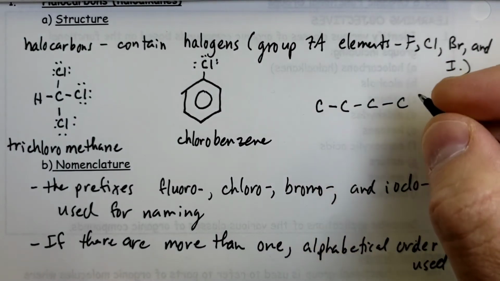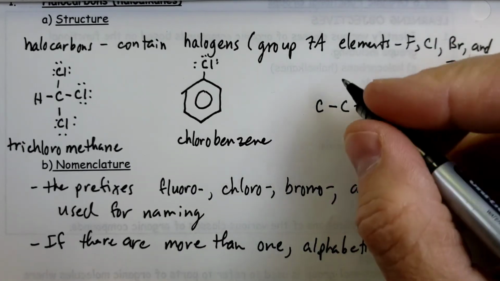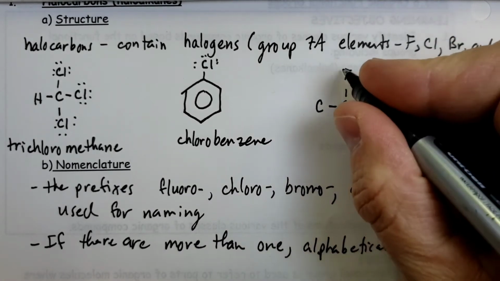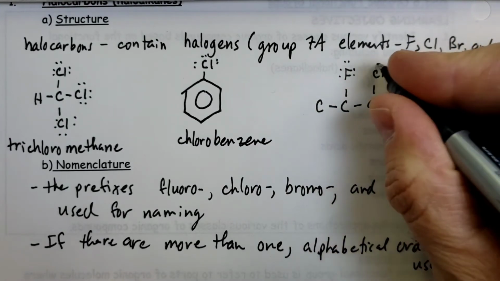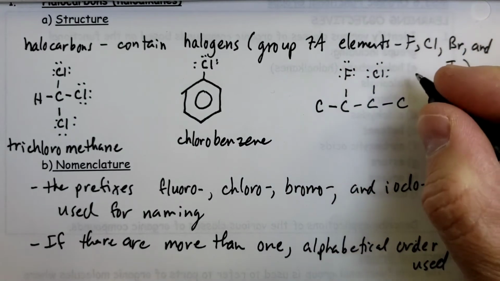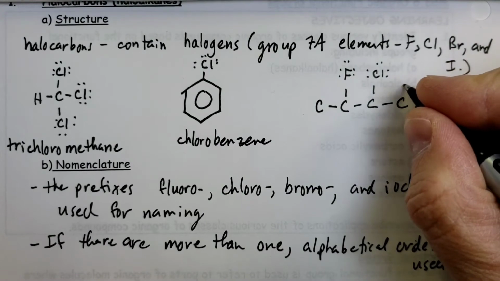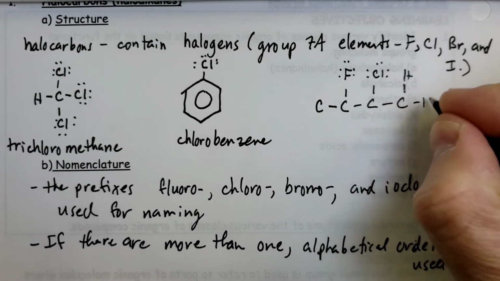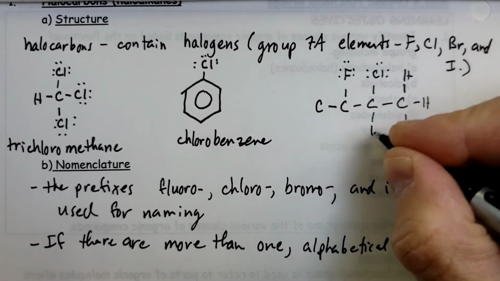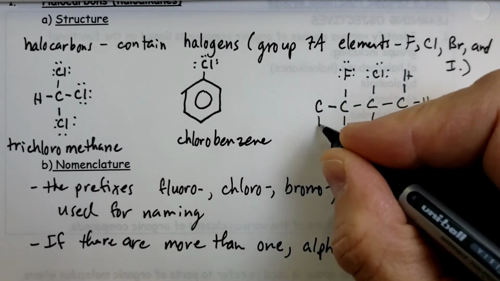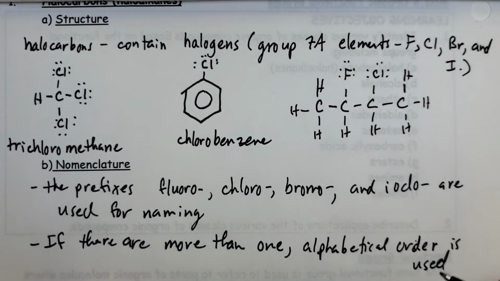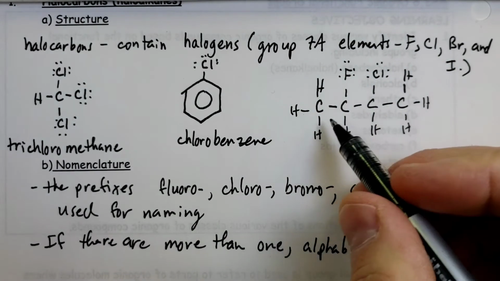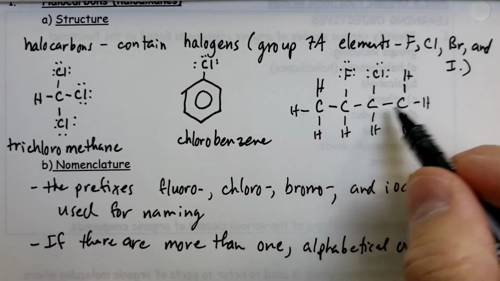Another one, I'm going to make a butane stem, or a butane section here, and we're going to put a fluorine there, a chlorine there, and then the rest of these are going to be just hydrogen to fill in the gaps. Okay, and this one would be called, so we can number it in various different ways here.